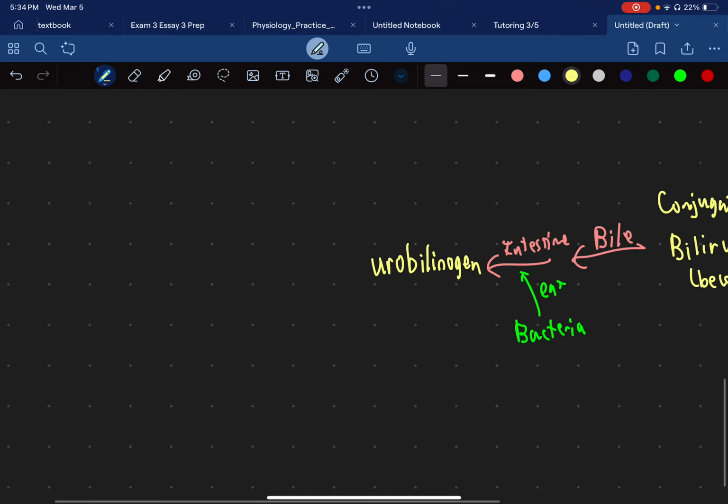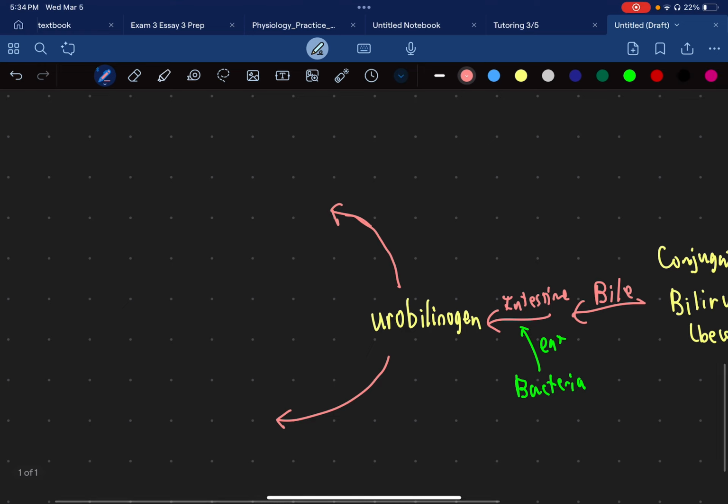That urobilinogen can either end up in our urine or in our poop. It's about 50-50. If the urobilinogen stays in the intestines, it'll eventually be pooped out. It'll have a brown color and it will be converted into something called sterobilin.